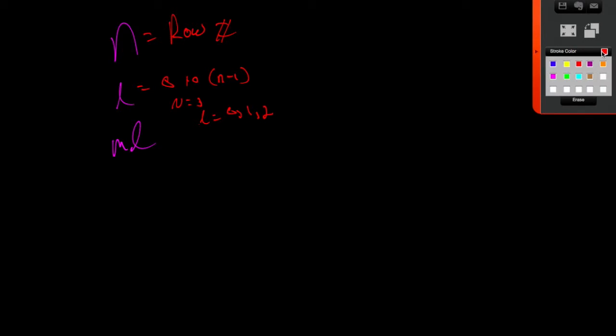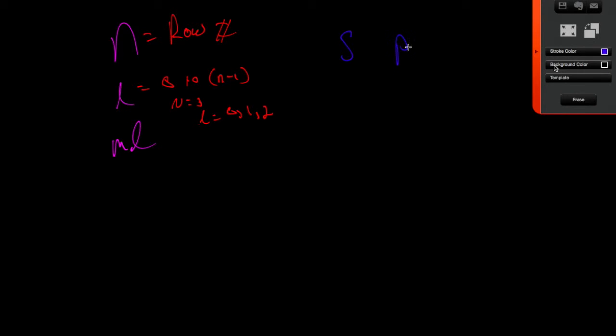Okay, L from last time was just basically 0 to n minus 1. So if n is equal to 3, then the possible values of L would just be 0, 1, and 2. Okay? L actually refers to the zones that I showed you earlier.